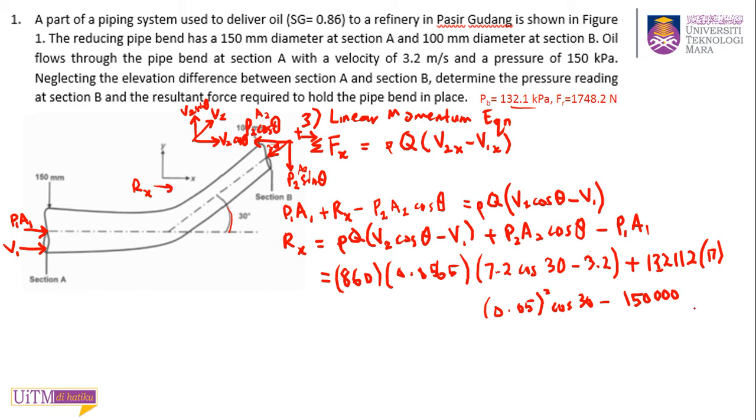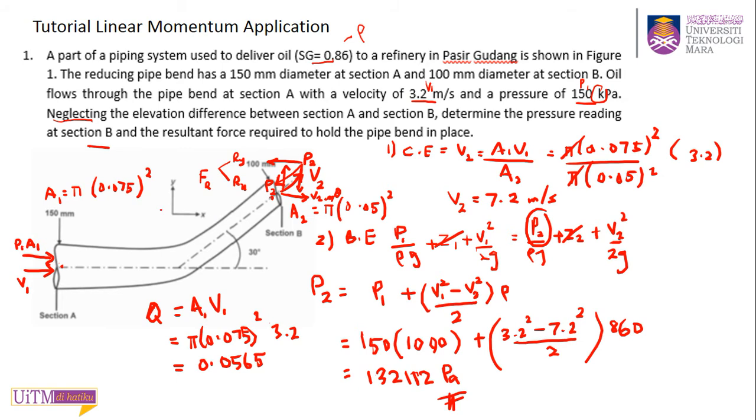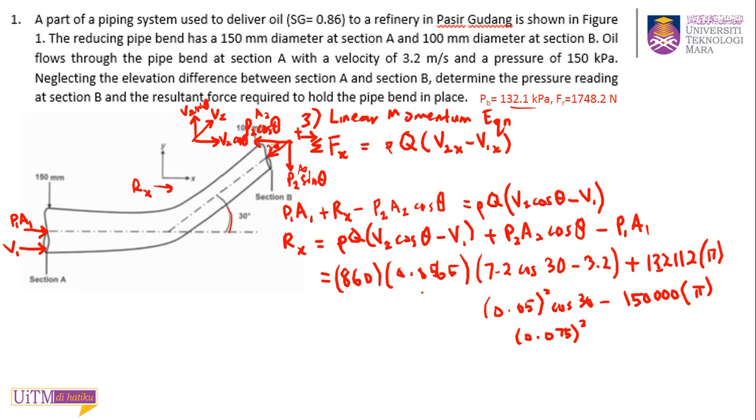Okay, so 150 kilopascal times A1. A1 is pi times 0.075 squared. Alright, so very long.